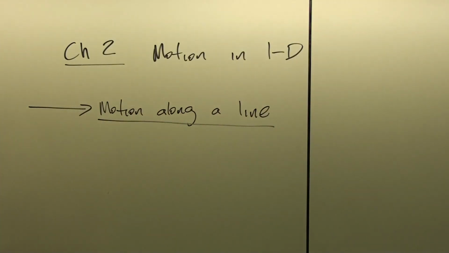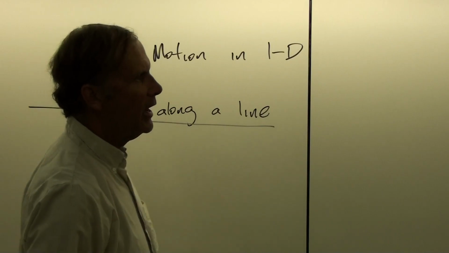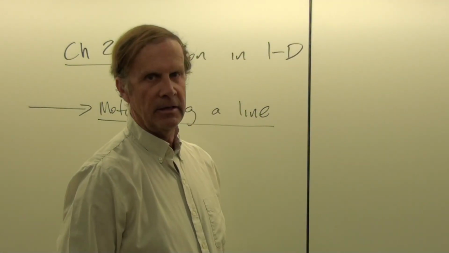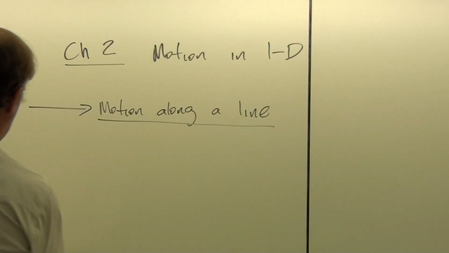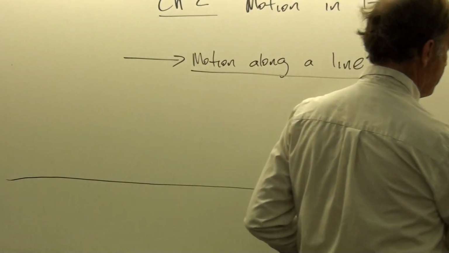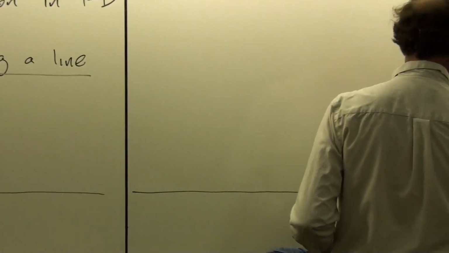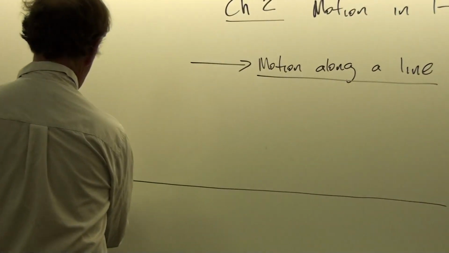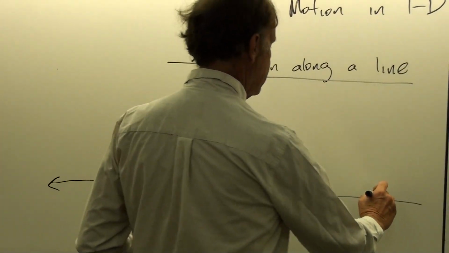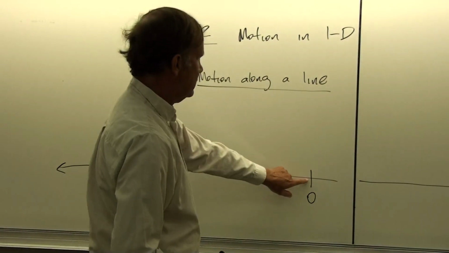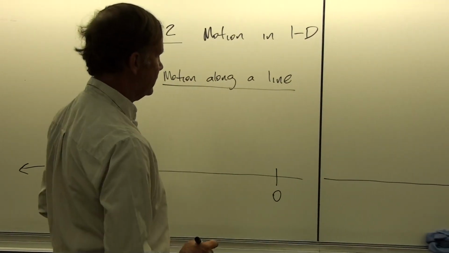Okay. And so what I'd like to do to illustrate this is set up a problem in which we have motion in the x direction. And I'm going to set up a coordinate system here, which is a scaled version of a real situation, in which I'm going to define 0 here to be the origin of my coordinate system.